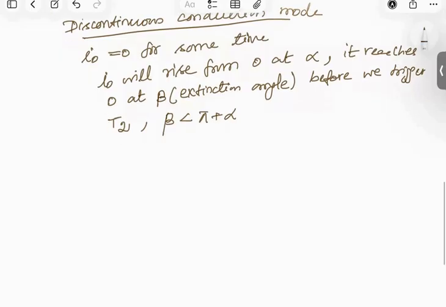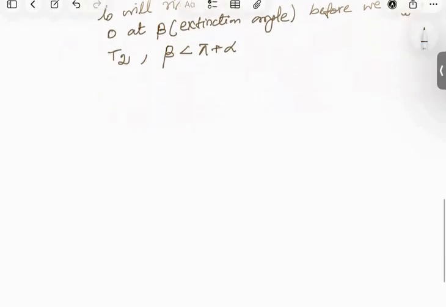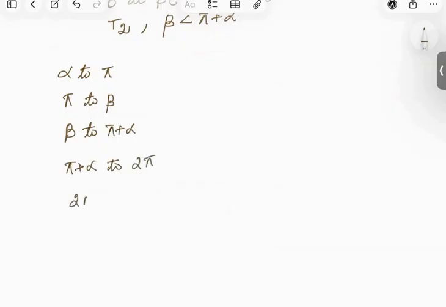If we consider the output voltage for different intervals, we can divide the intervals into alpha to pi, then pi to beta, then beta to pi plus alpha, then pi plus alpha to 2 pi, then 2 pi to pi plus beta, and pi plus beta to 2 pi plus alpha. So these are all the different intervals in the discontinuous conduction mode.